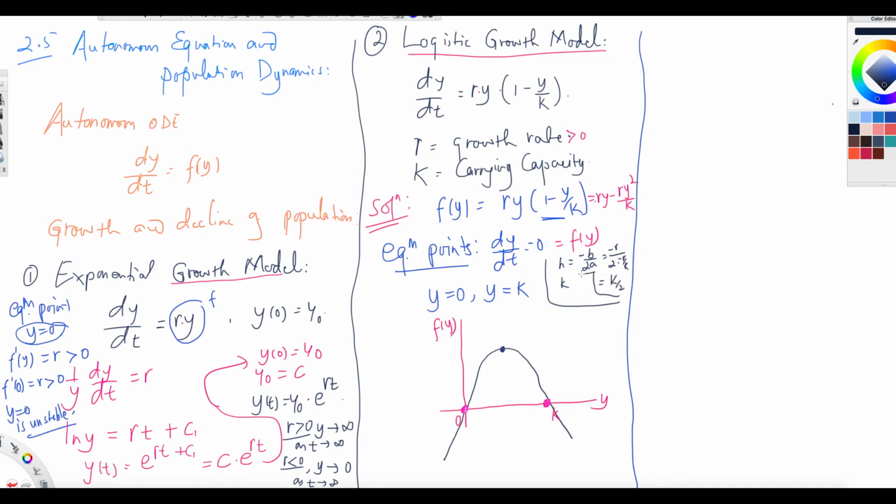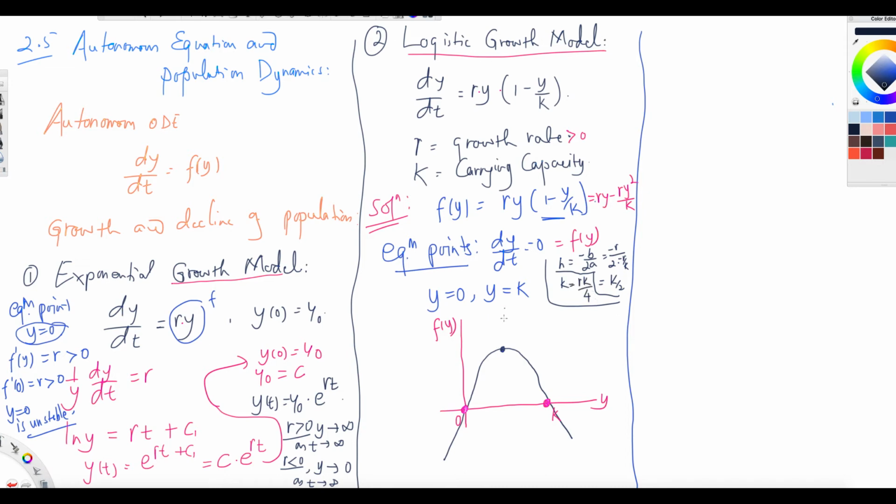How about k? You need to plug in y equals k over 2 here. What do you get? r times k over 2 minus r times k squared over 4, all over k. So one of the k's will cancel out, and you get rk over 2 minus rk over 4, which is rk over 4.